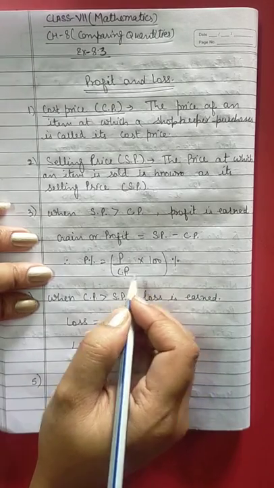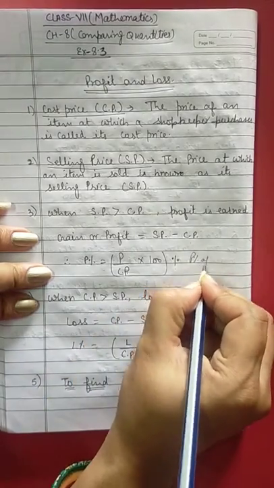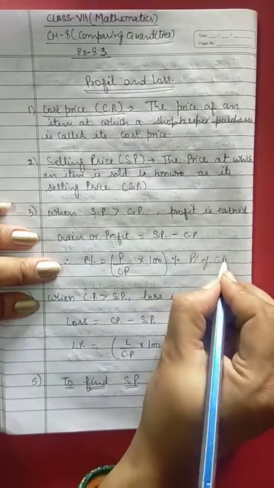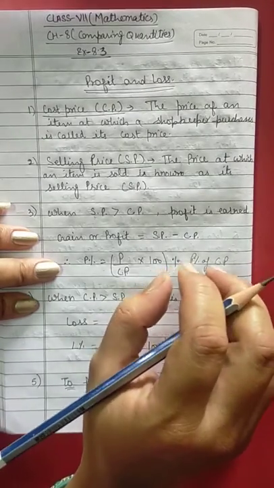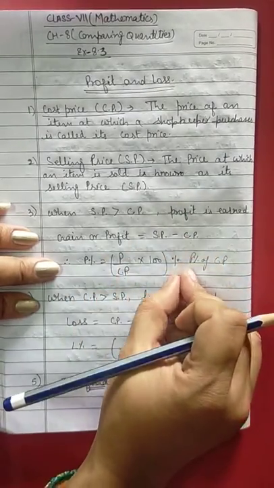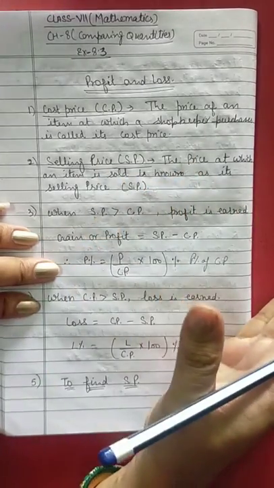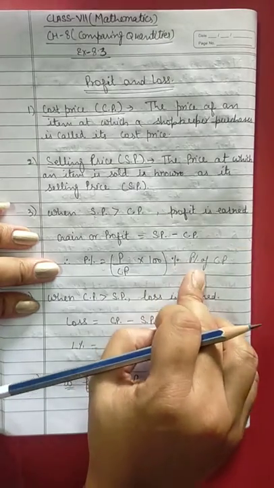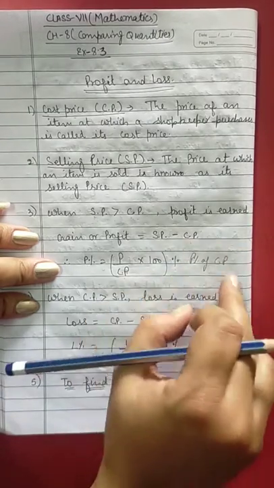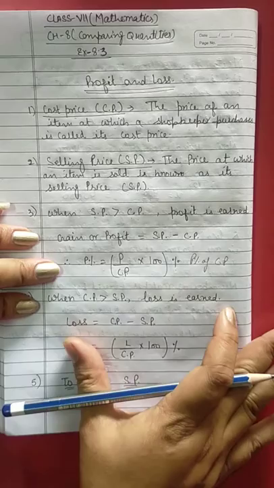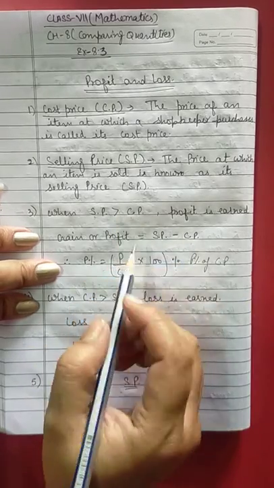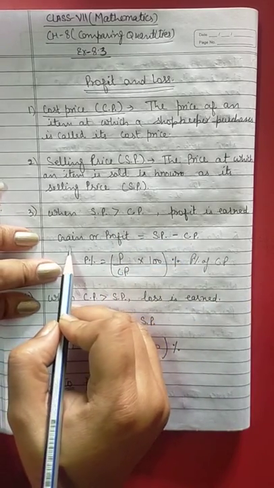If the cost price and the percentage are given to you, you can find the profit directly as P percent of CP. And this profit is also known as gain.